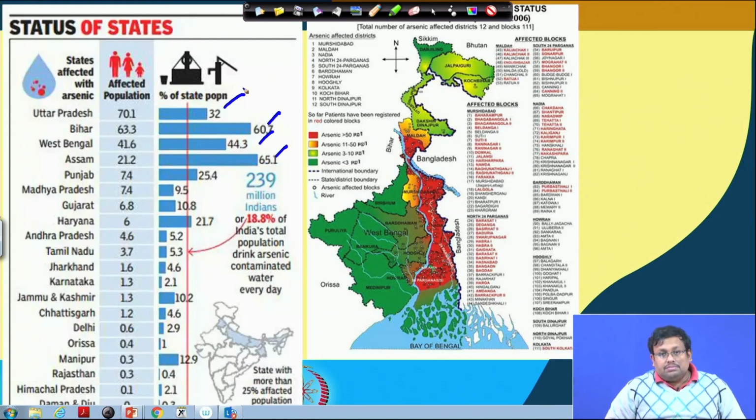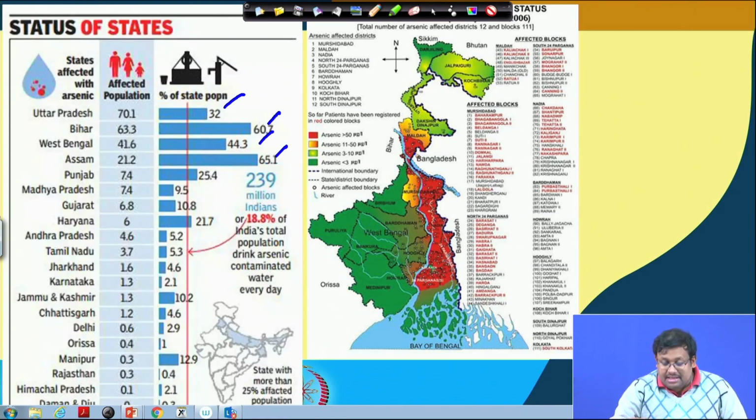These are the areas which are worst affected by groundwater arsenic pollution, and this map shows the arsenic contamination status of West Bengal, which is one of the worst impacted areas of groundwater arsenic contamination.